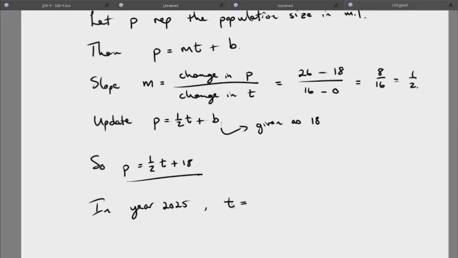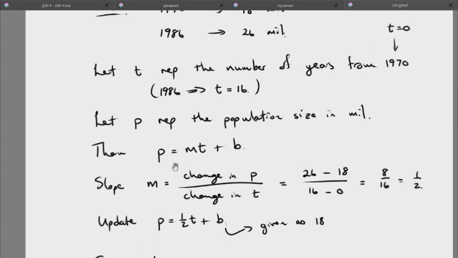I need to find the t value. So if t is 0 in 1970, what is the corresponding t value for 2025? 55.